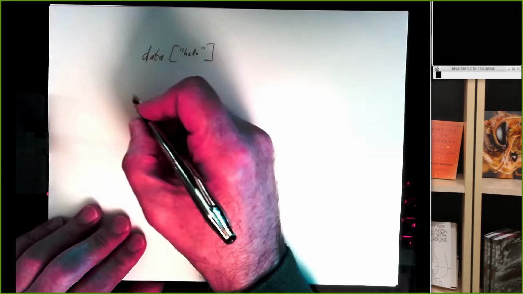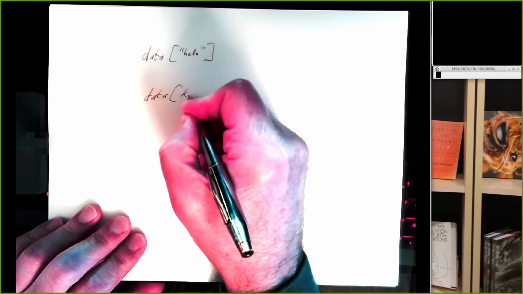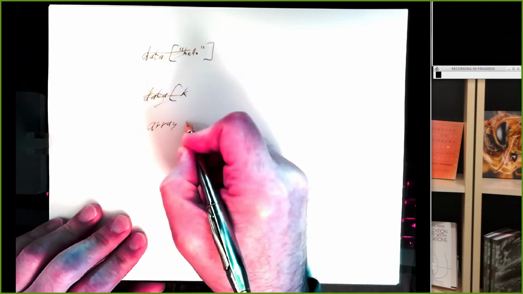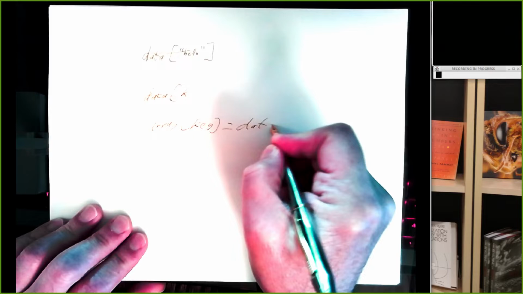And so part of this is built around the idea of a key data pair. And so a key is the thing that you use to retrieve or access a piece of information, which is the data. So it's typically, let me not call it data, let me just call it array bracket key equals data.